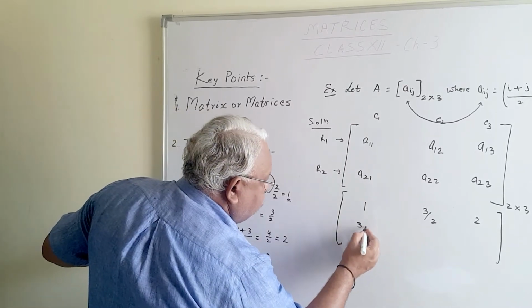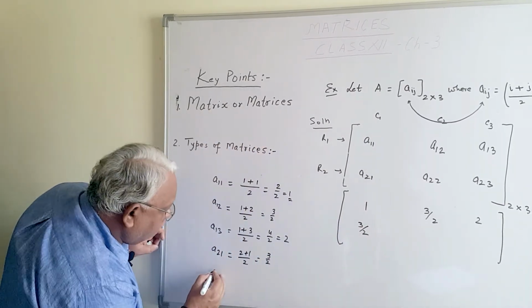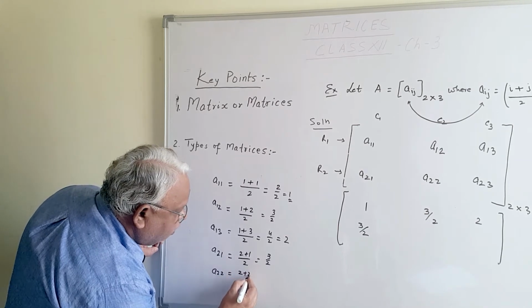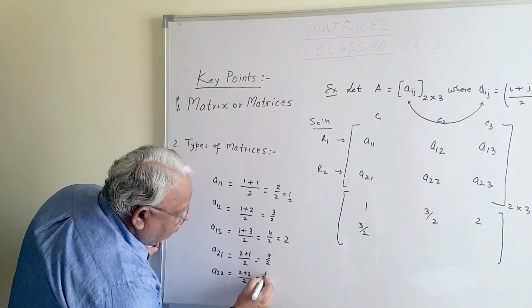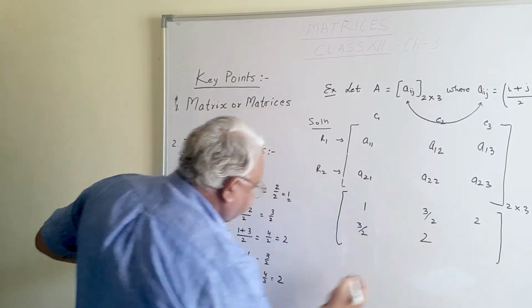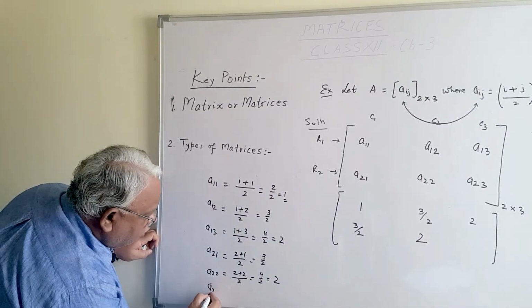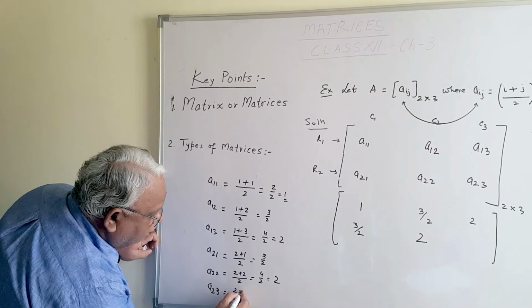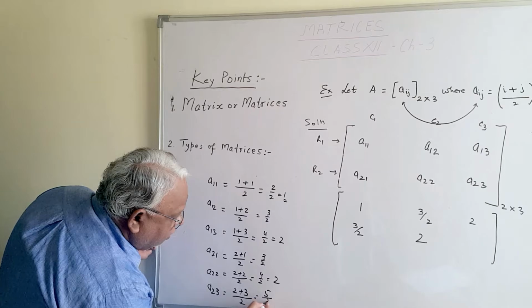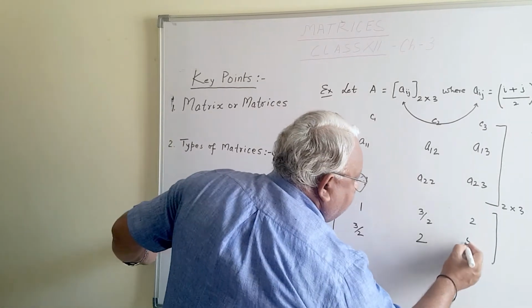A22, that is 2 plus 2 divided by 2, 4 by 2, which is 2. A23, which is 2 plus 3 divided by 2, which is 5 by 2. So this is the last element.